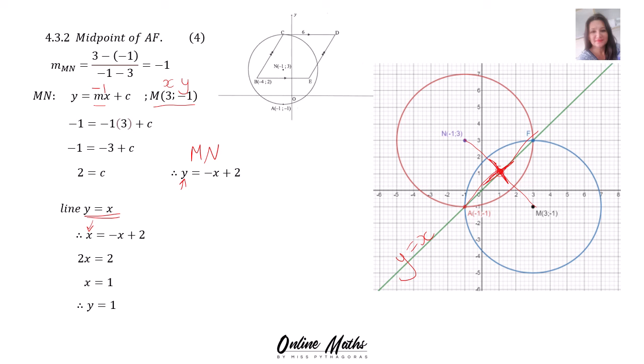If one is 1, the other one should also be 1. Therefore the midpoint of AF, the place where the two graphs intersect, is the point (1; 1). And where are the marks? The marks are there for finding the equation of MN, for equating the two, because that means you understood where the two graphs intersect, and then for finding that midpoint, the x coordinate and the y coordinate.